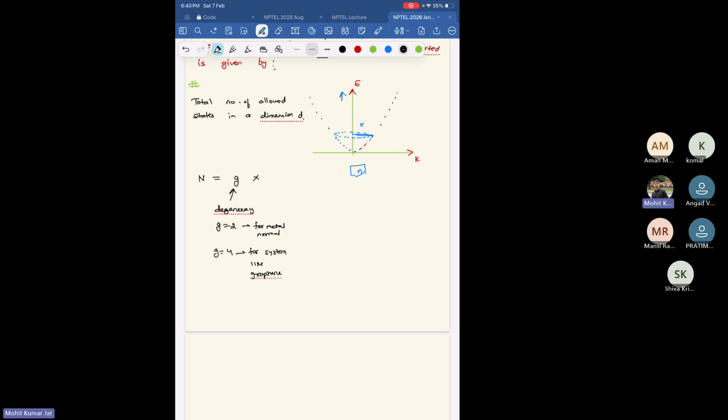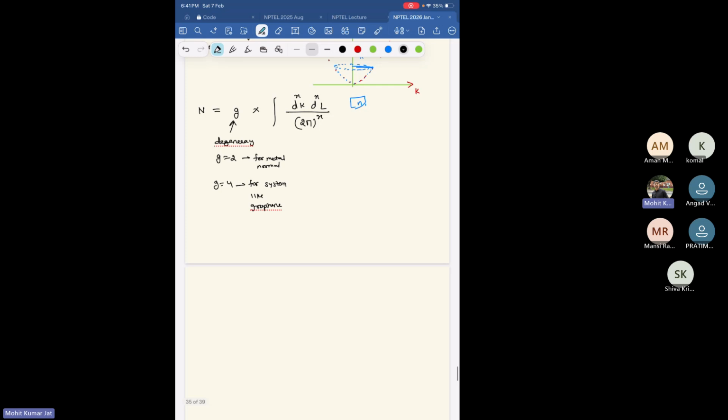Times the integral over d to the power of the dimension, I'll write the dimension as x, so d^x k, the phase space, basically, then d^x r, the real space, divided by (2π)^x. So this is your general expression for dimension d.